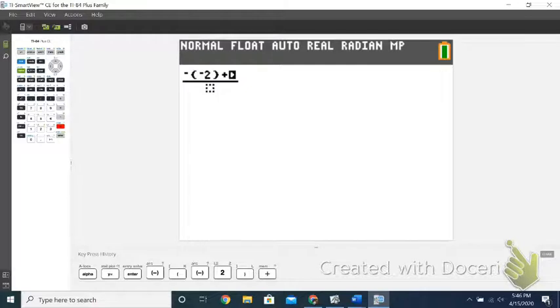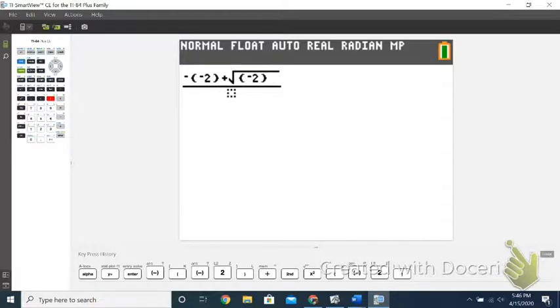our square root, so that's second, and then the x squared button. And then I had parentheses, negative 2 in parentheses, squared, so I can just hit the squared button, or you could hit your caret up and then the 2. It's up to you.